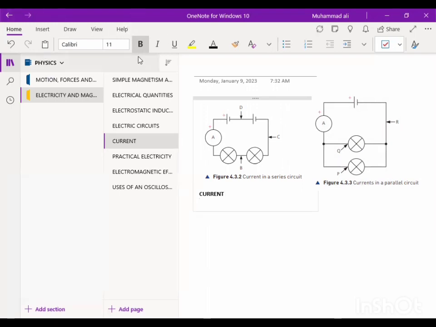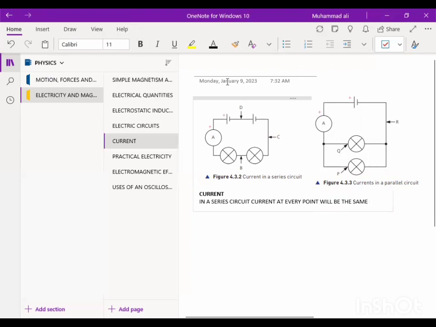So when I'm talking about a series circuit, in a series circuit, current at every point will be the same, right? This is the first thing that you need to know about.